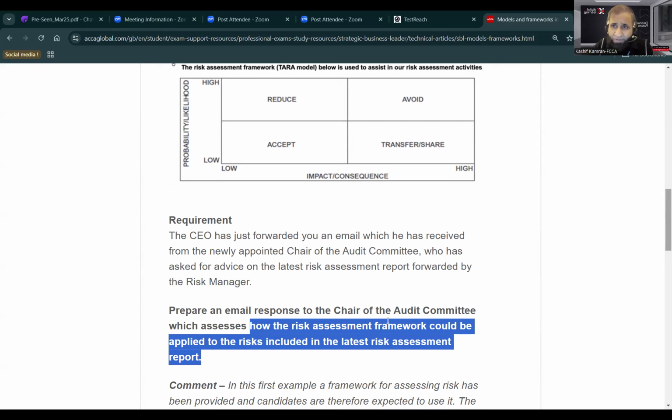Do you all agree that in this example one, the framework has been specifically given in the exhibit, not in the requirement? So any student who presents the answer in any other framework and ignores the TARA model, that will not be a good answer. Is everyone sound and clear?